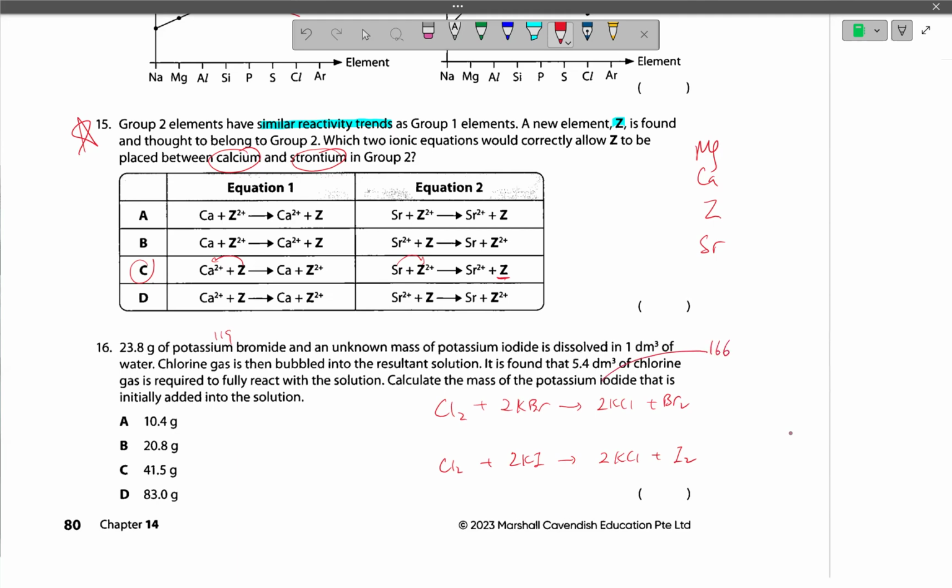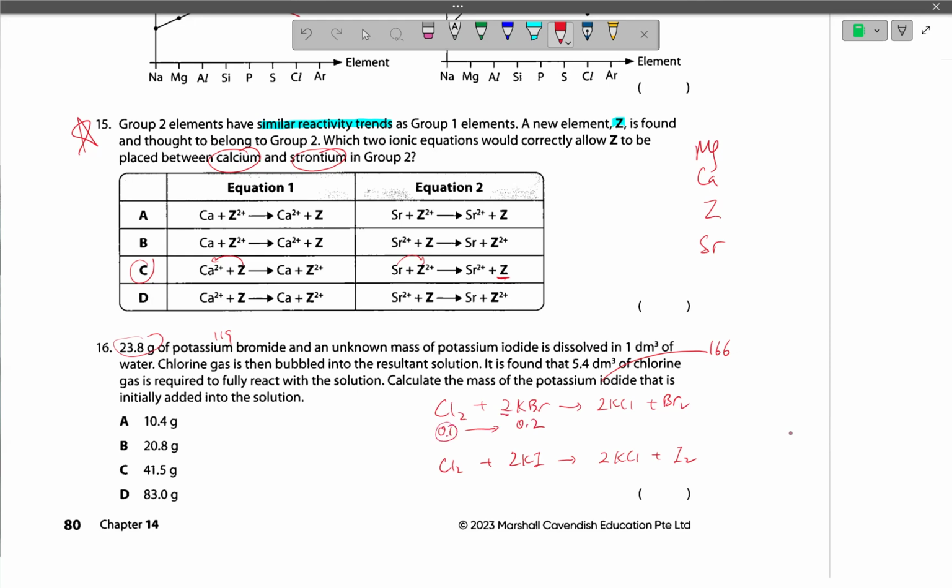Okay, let's see. The 23.8 gram of potassium bromide, so it's 23.8 divided by 119 equals 0.2, a nice number. So you're given 0.2 mole of this. How much chlorine do you need to react with 0.2 mole of potassium bromide? Obviously, this is 2, this must be 1, right? So it's 0.1 to 0.2. I need 0.1 mole.